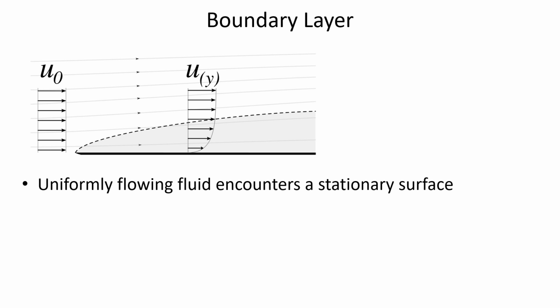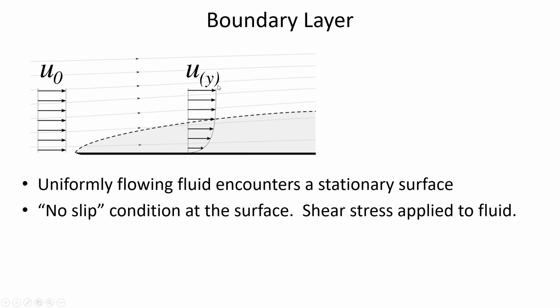But if you just have a piece of stationary material, which is that thick black line, and it's encountering water that's flowing from the left towards the right with a uniform velocity distribution, as the fluid encounters that stationary surface, the fluid that's closest to the stationary surface has a reduced velocity. And the further away you get from the surface, the higher the velocity is.